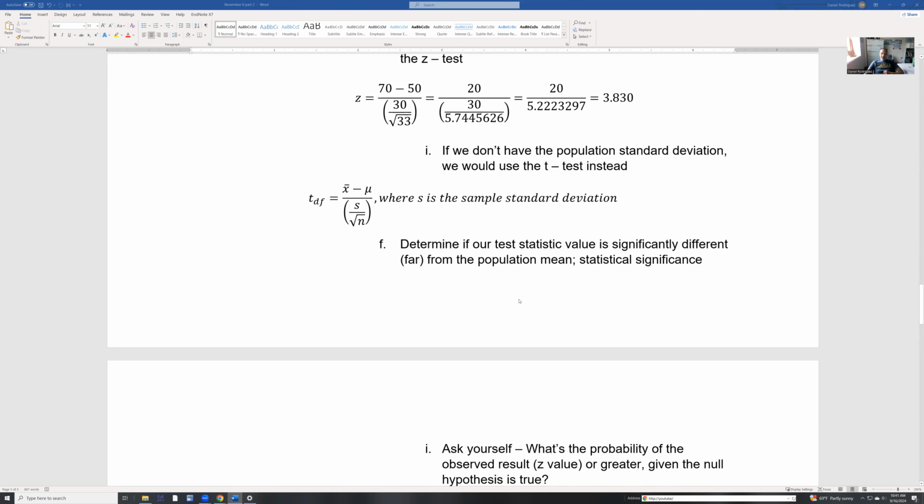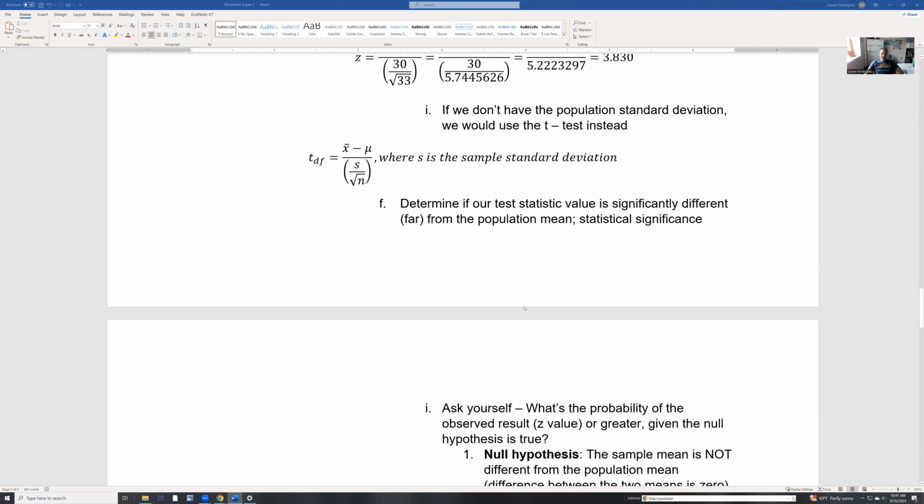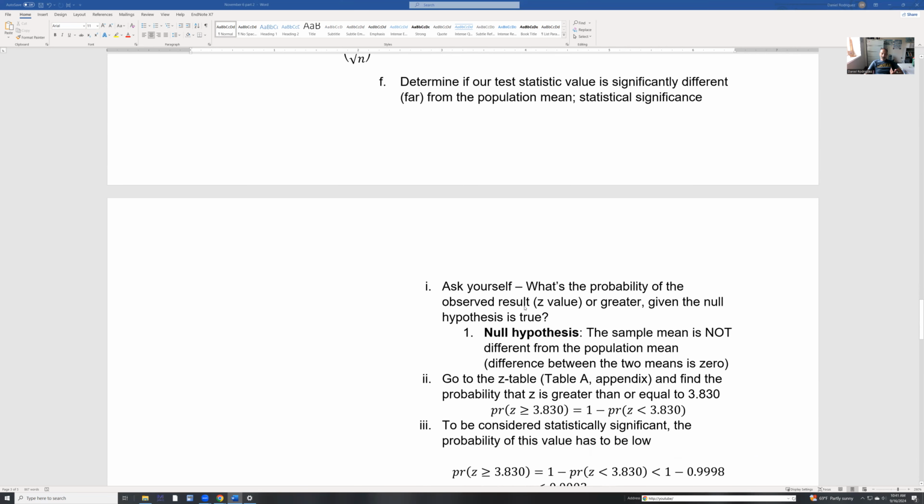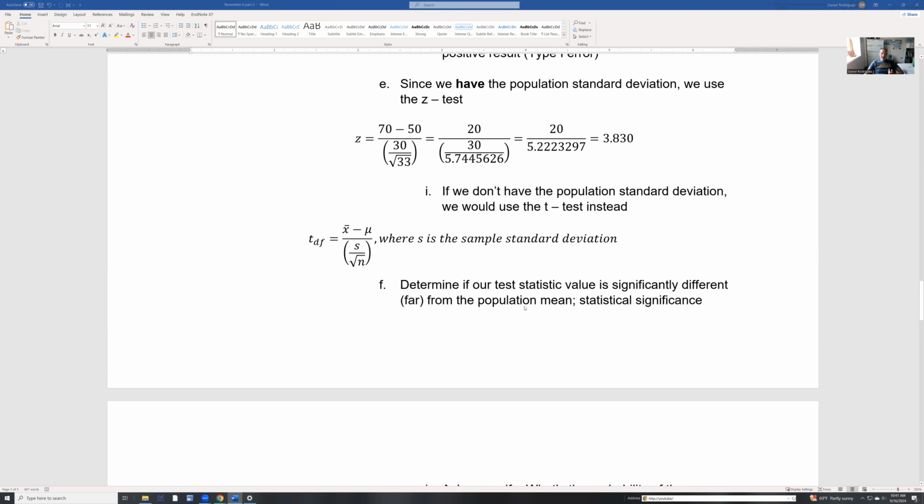And then we want to test whether or not we have a significant difference. So the question is, how far is our calculated z-value from the population mean? So we're going to do everything in this standardized world now, right? So no longer are we interested in 70 and 50. I mean, we are, but we're looking at the difference, and the standardized difference is 3.830.